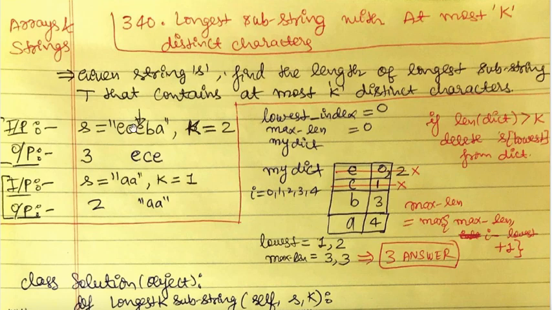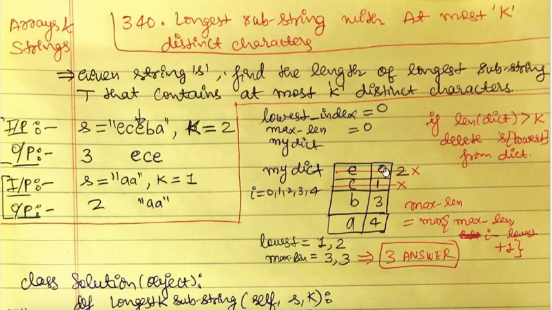For example, let's consider the first example, eceba. e was at index 0, so we find e, we put e in the dictionary and put 0, which is the index of e. Then we find c and we put c, index of c is 1. Then we find e again, and now the index is 2.